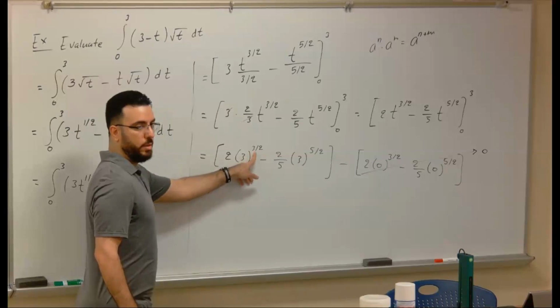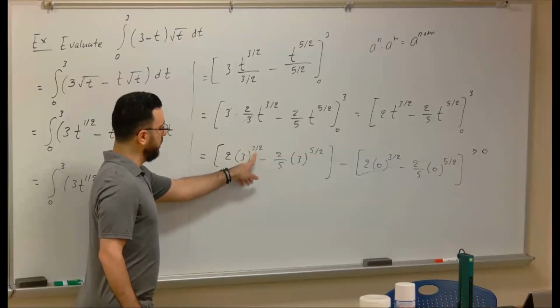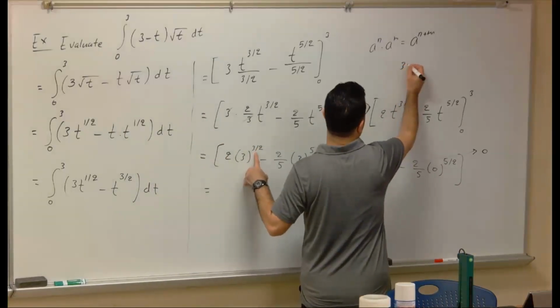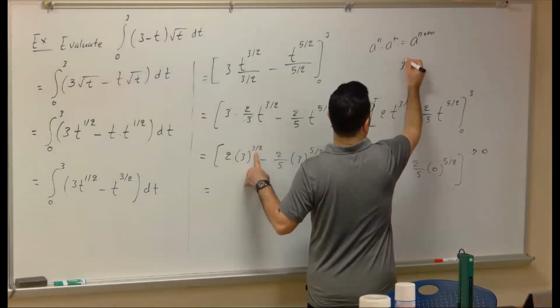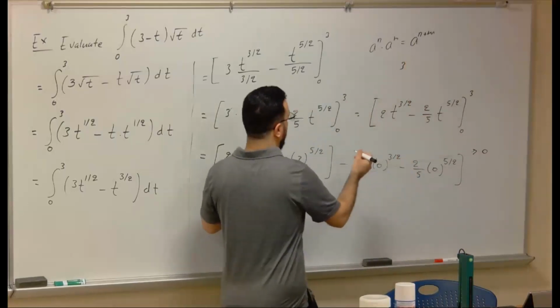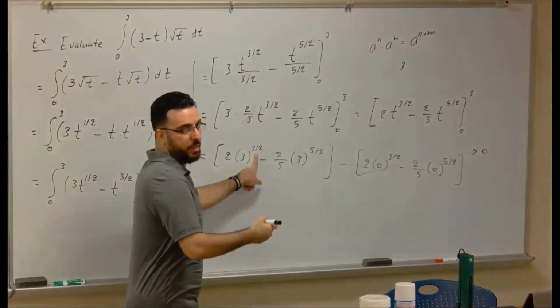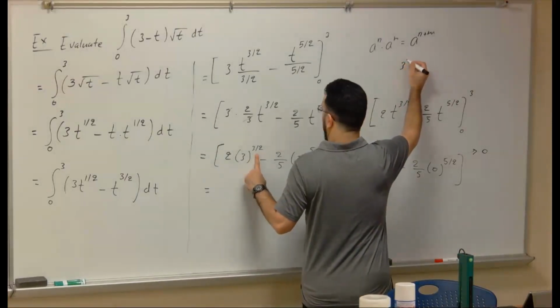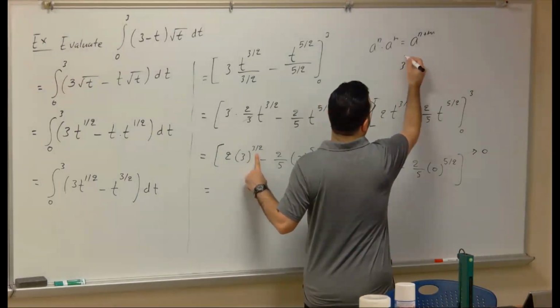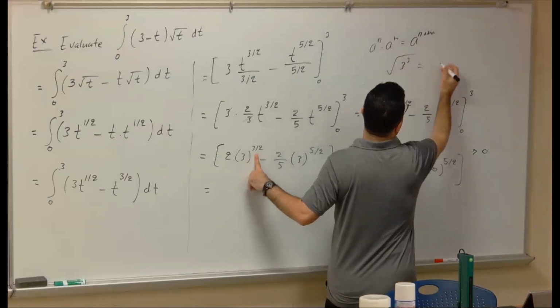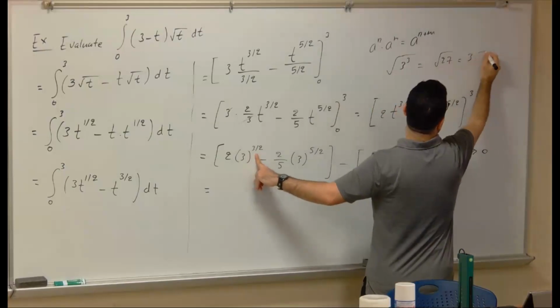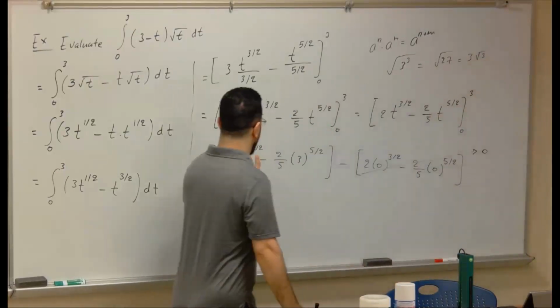What I do is change it to the square root: 3 cubed, then take the square root of it. That means it's the square root of 27, which is 3 square root of 3. Yes, you can do that, right?